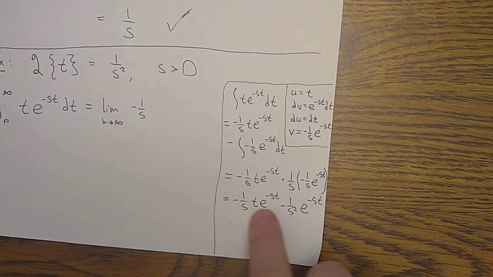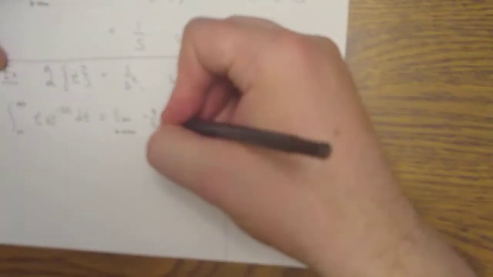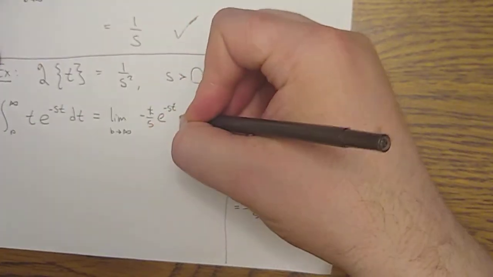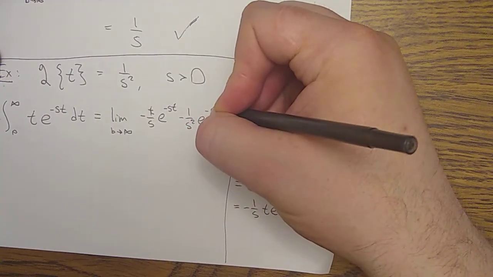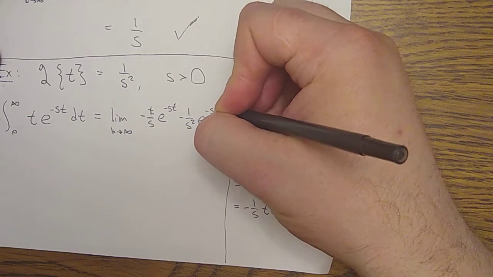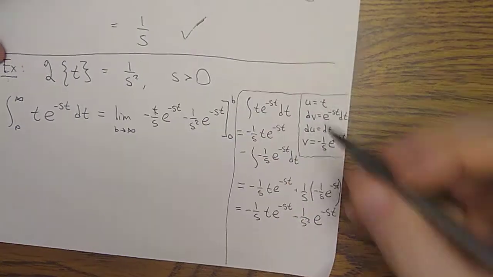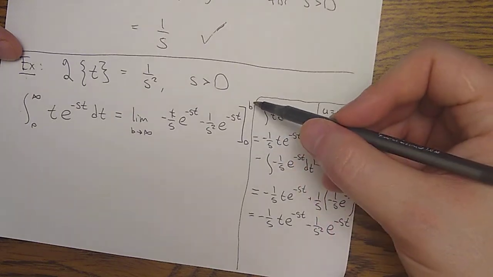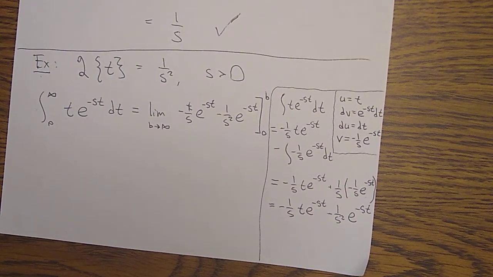Let me actually write this a little bit better. I'll write t over s e to the negative st minus 1 over s squared e to the negative st, and I'm putting in 0 and b. Right?